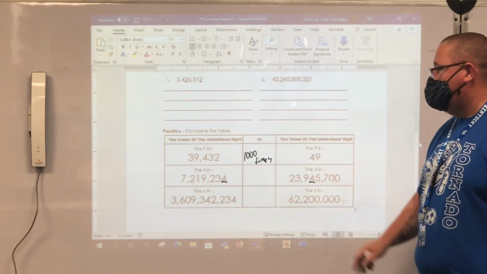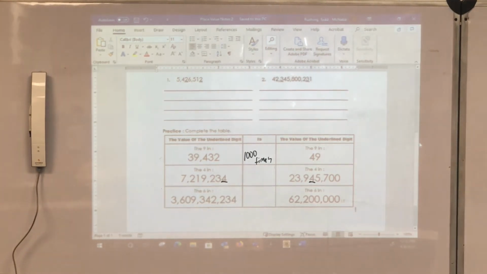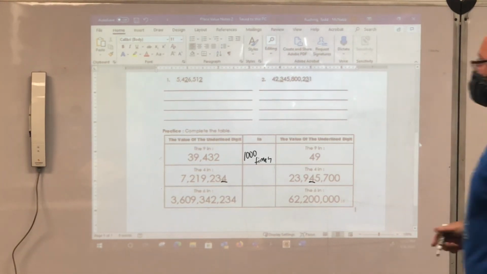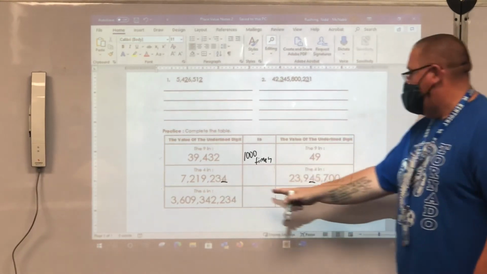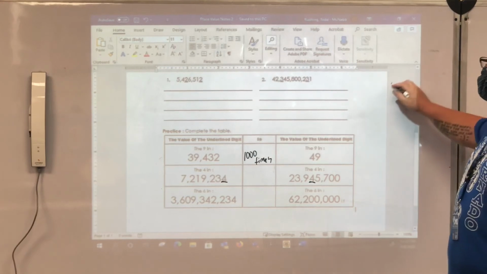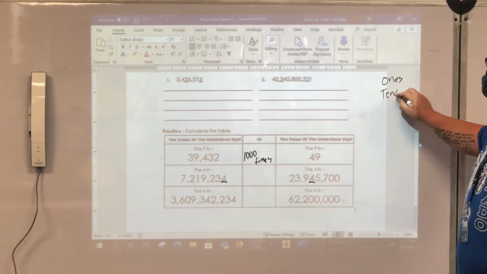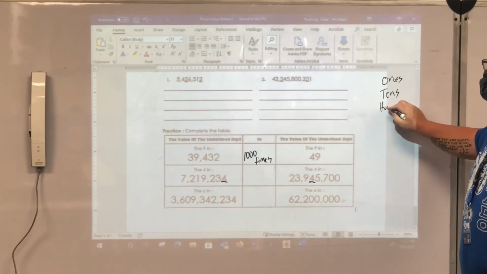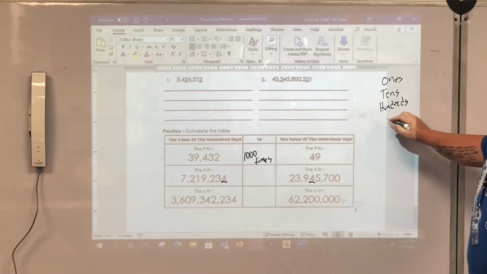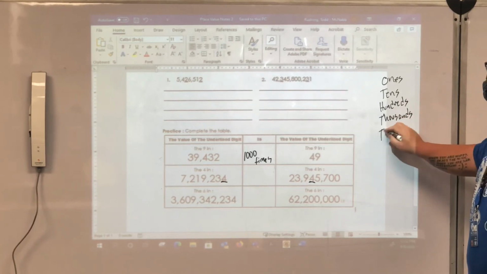So we have a number that is smaller; this number is going to be smaller than this one. So if we start with the ones, we have the ones, the tens, the hundreds, the thousands, and the 10,000s.